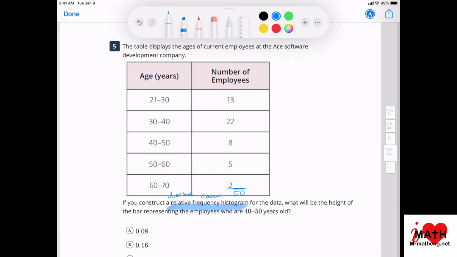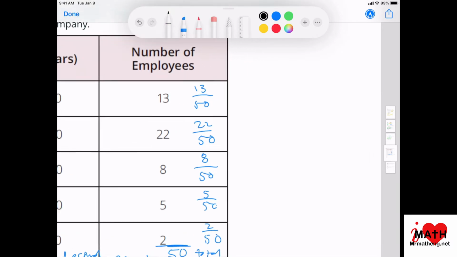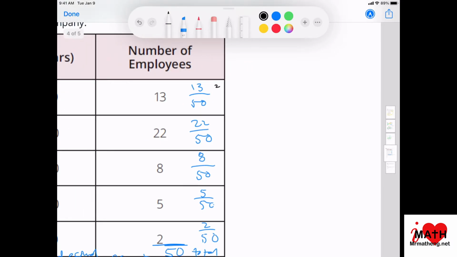So this is the total, and this is 13 out of 50, 22 out of 50, 8 out of 50, 5 out of 50, and 2 out of 50. Let me teach you guys a shortcut, or just some good math. If I multiply the denominator and numerator by 2, you get 26 out of 100.